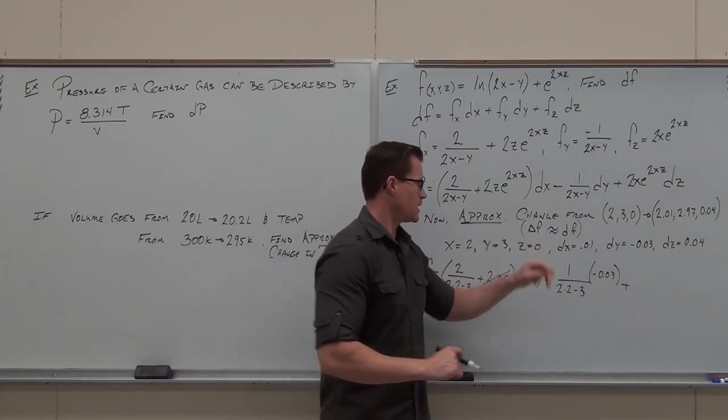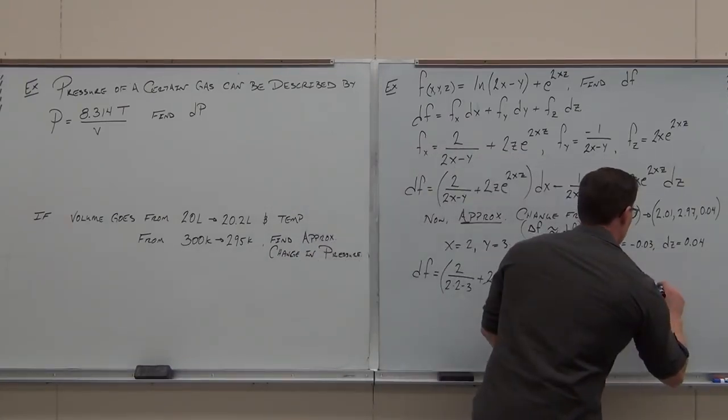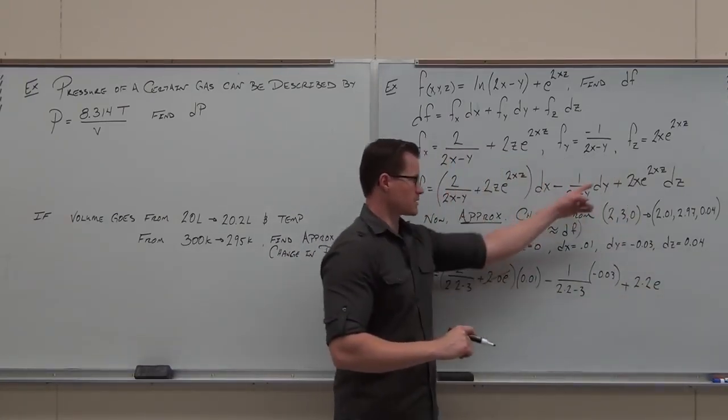Then I got 2 times 2, e to the z is 0, so that's 0.